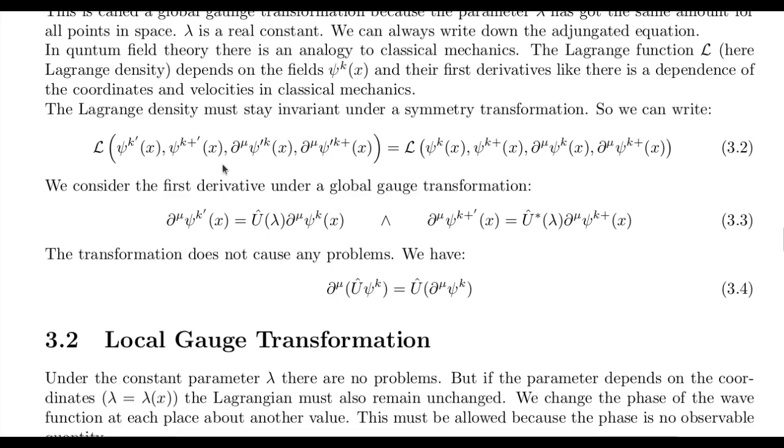We consider the first derivative under a global gauge transformation. That means the transformed derivative of the wave function is the old derivative with the unitary operator applied to it, or here the adjoint one.